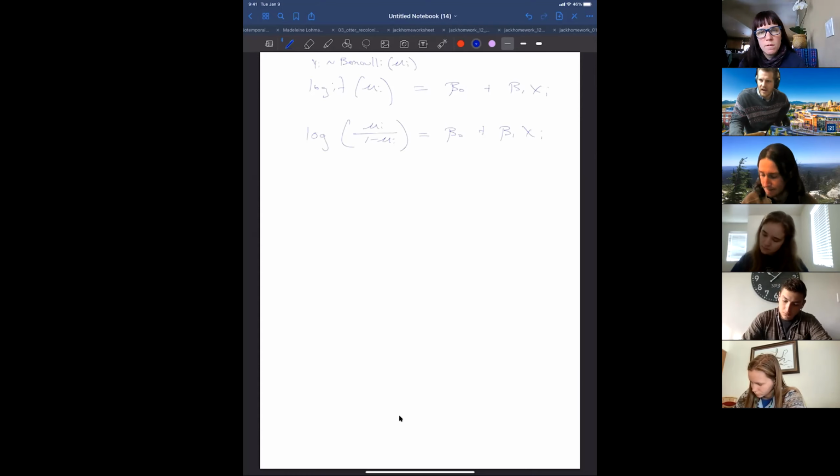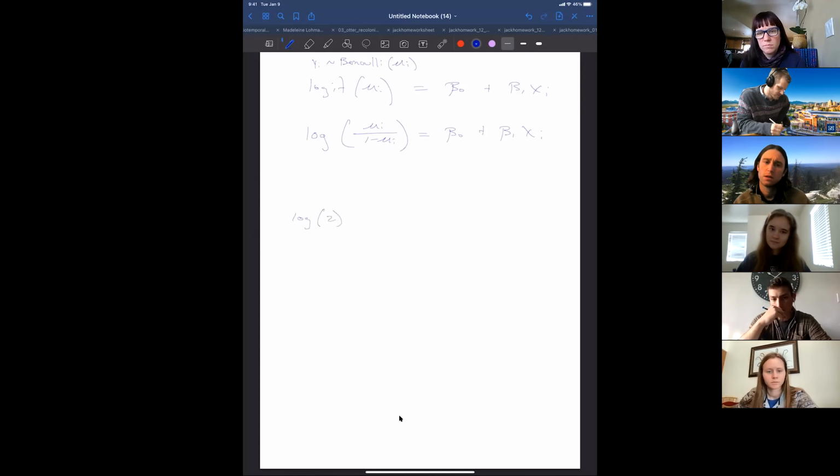How do we undo a log in algebra? If we have the log of 2, exponents? Exactly, yeah. The exponent is the inverse function of a log function.